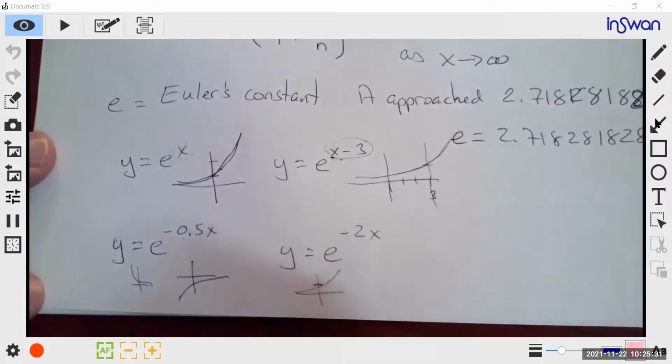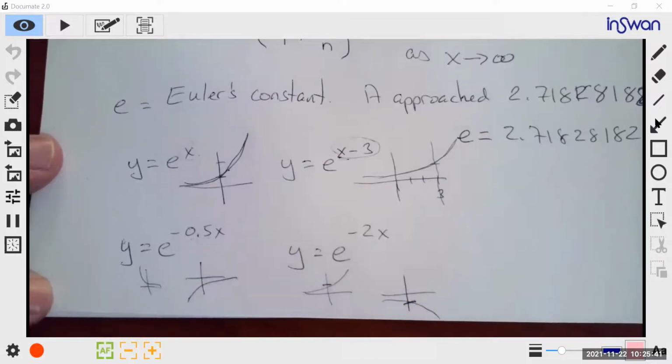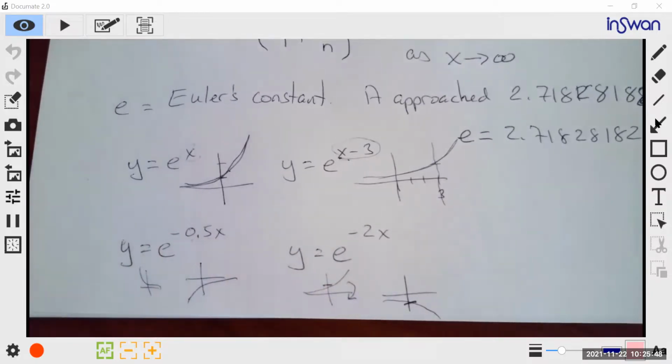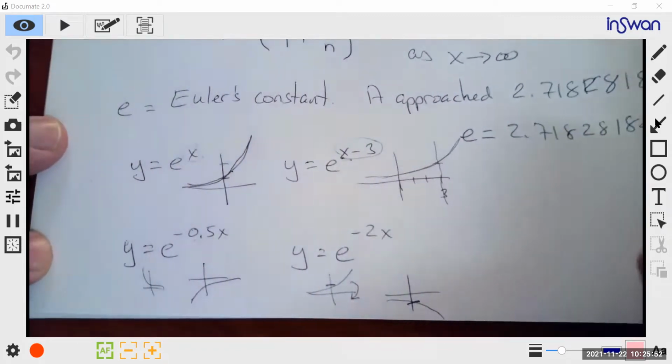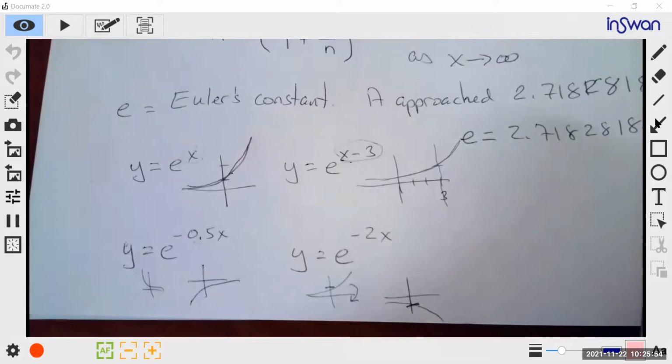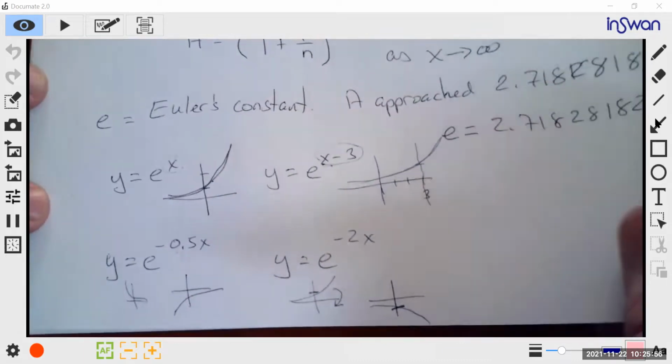It crosses through 1 again. But since it's negative, we flip it across the x-axis. And that's e, because we'll be using those in the next couple of sections.